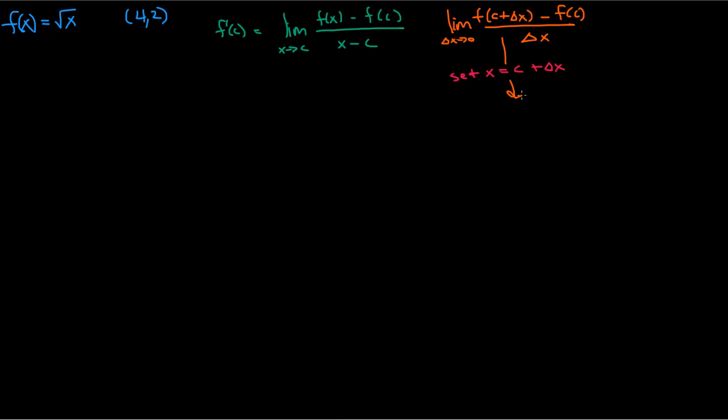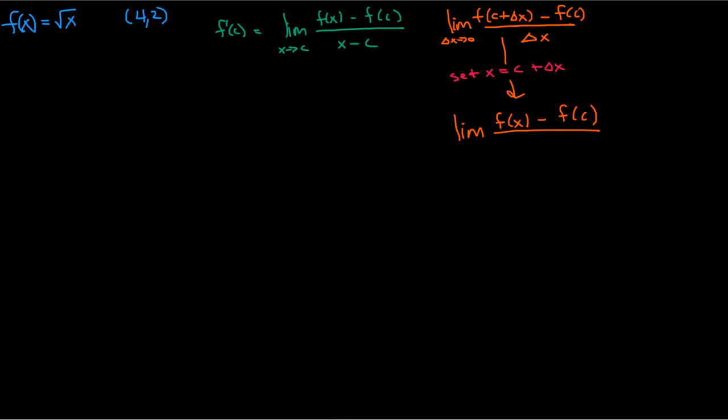If x equals c plus delta x, then this is the limit as, we'll figure out where it's approaching first, f of x, just by substitution, minus f of c. Now, what's delta x? If x equals c plus delta x, then delta x is x minus c.